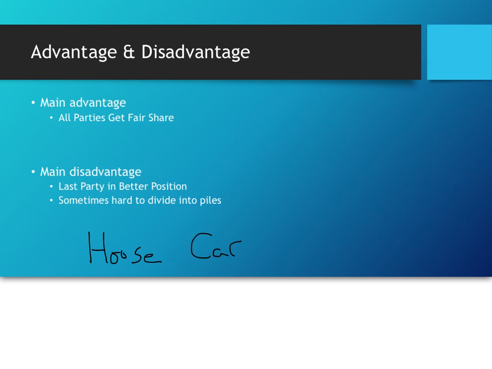So it's a real hard thing to divide up a house and a car between two people. Obviously, if it's a good house, you're going to take the house. Okay? Again, if the house is much more expensive than the car. So it's sometimes hard to divide into piles that are actually 1/3 or 1/2 or 1/4. Okay? Especially if we have a real big ticket item.